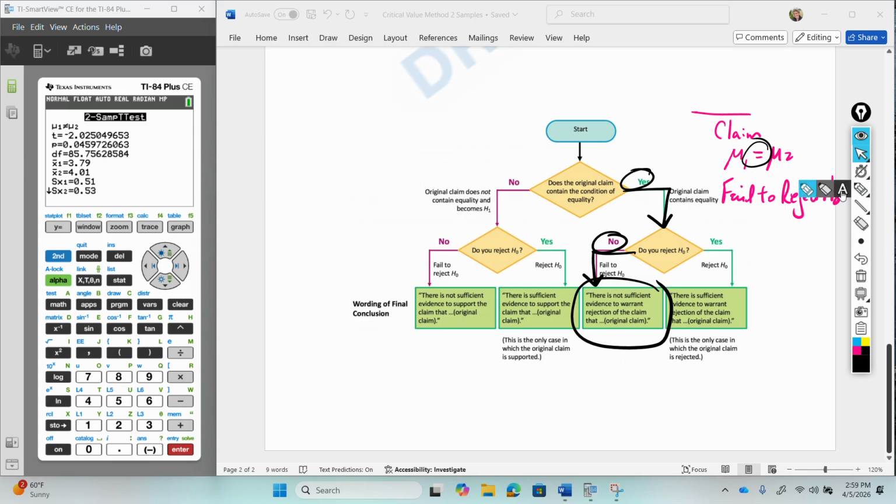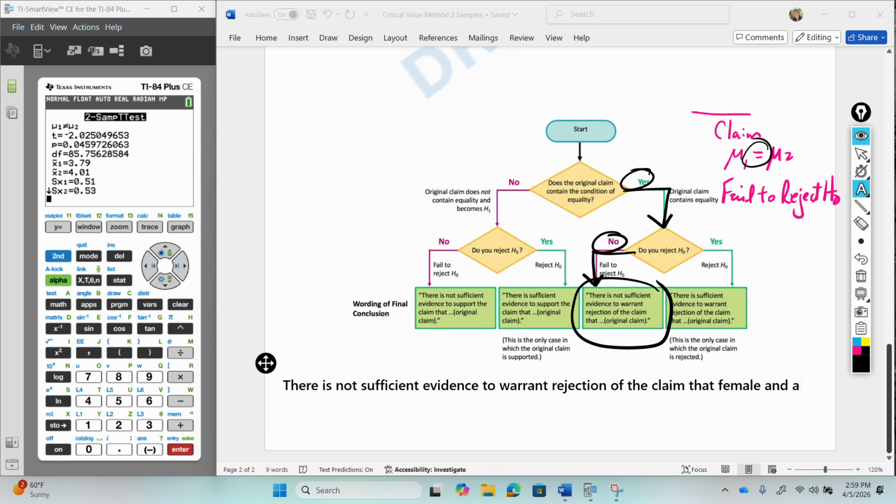And I'm going to start typing. There is not sufficient evidence to warrant rejection of the claim that female and male professors are rated the same.